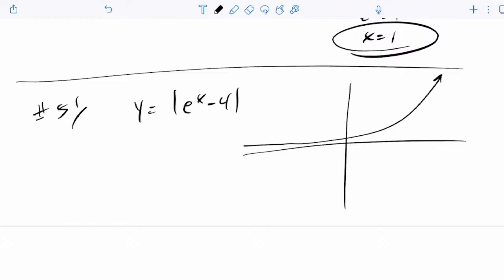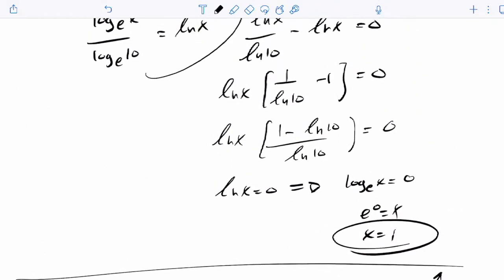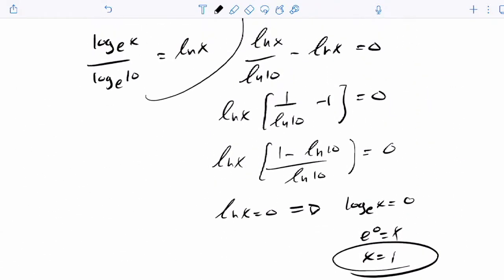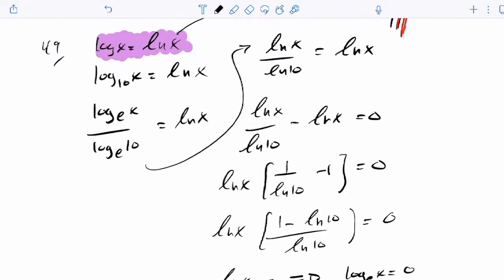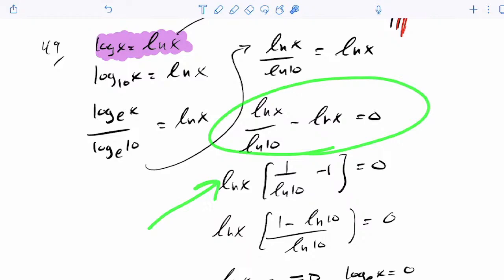Okay, so for 51 here, Reem was asking how to know the other side could not be 1. Well, for 49, I brought everything to one side. I factored out the ln of x.